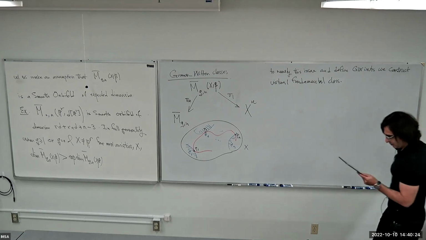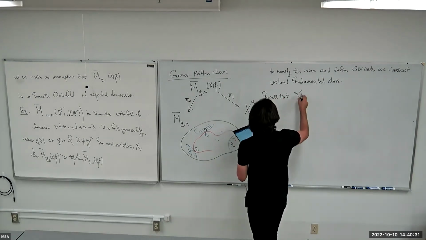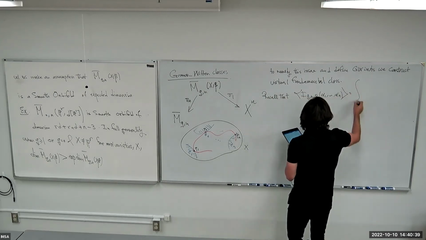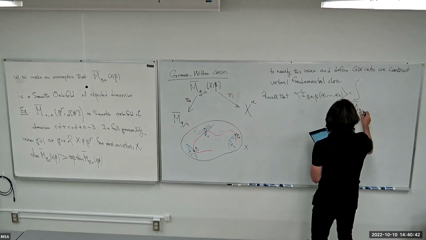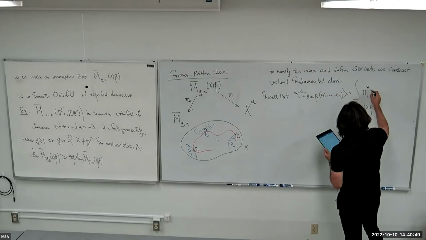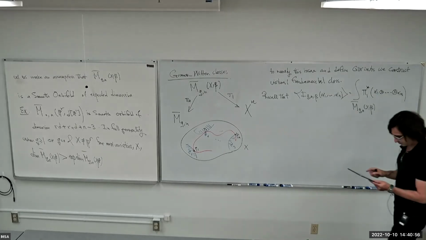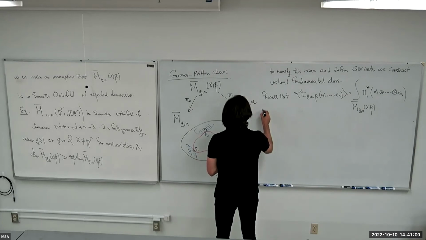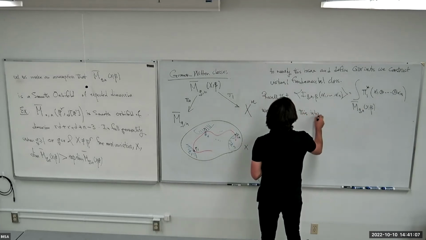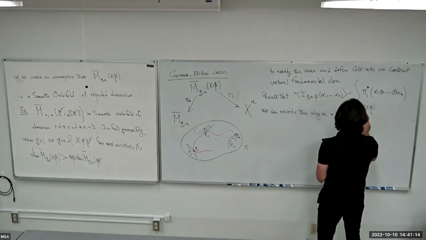Okay. All right. Recall that the Gromov-Witten invariant as an integral of the Gromov-Witten class is given by an integral over M bar g,n X, beta, because of the pullback push forward formula, of the pullback of the n-fold product of cohomology classes in X. We can rewrite this integral in terms of the fundamental class.